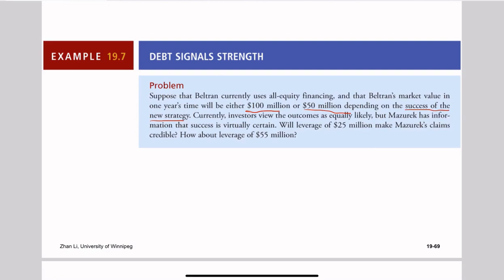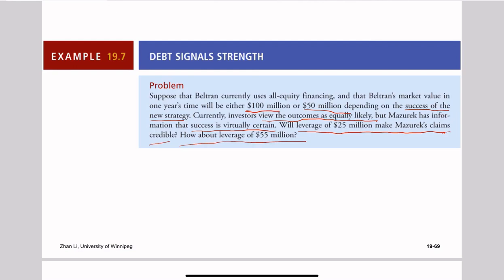Investors consider the outcomes as equally likely. But this firm has information that the success is actually virtually certain. Now we have two questions. Will a leverage of $25 million make the firm's claims credible? How about a leverage of $55 million?